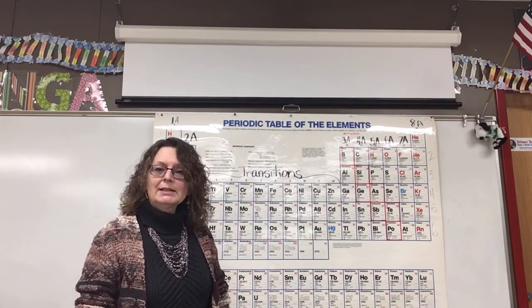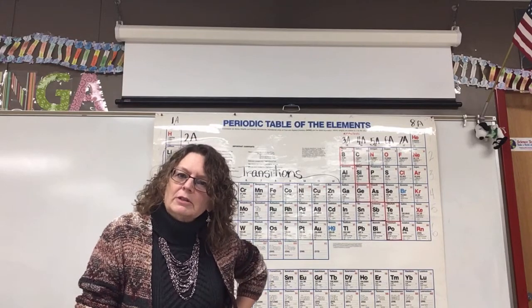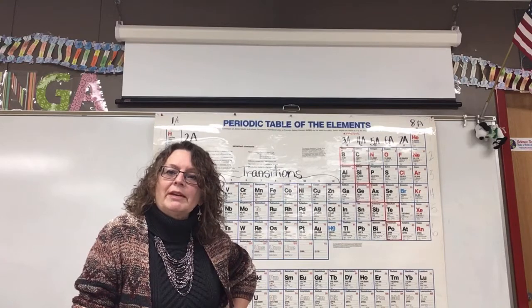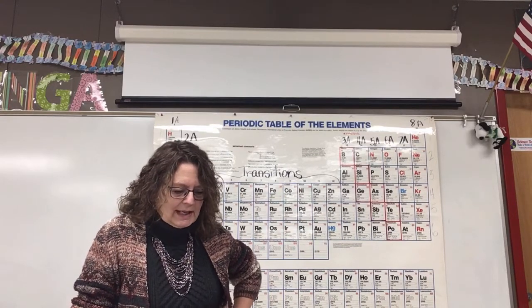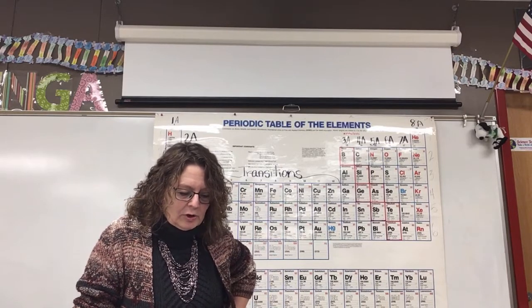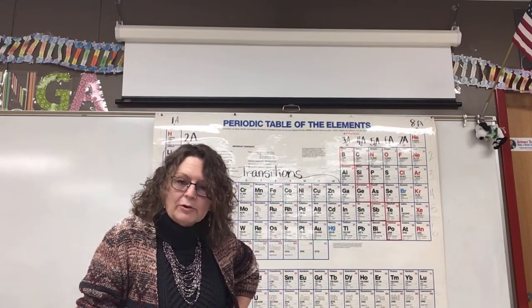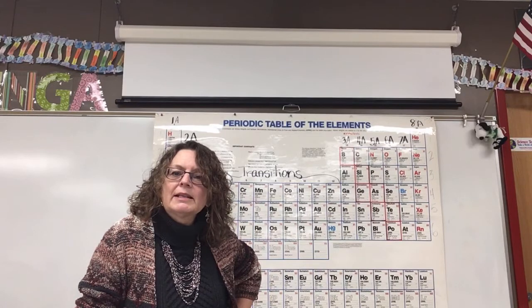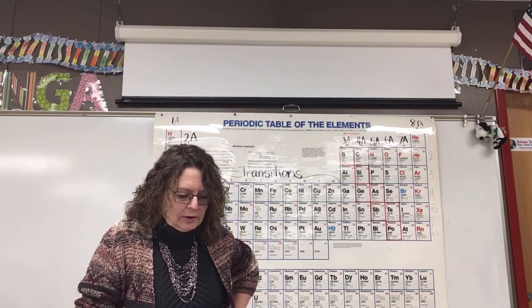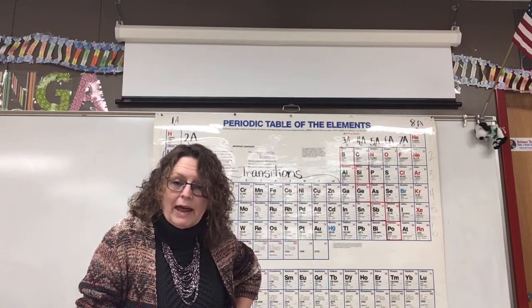The most important thing is that you follow directions. Read and follow directions. Some of them have more than one thing you need to do. For example, number 2 on the reinforcement activity says, color the groups with very reactive metals red. Notice that it says groups. So you color more than one group red.